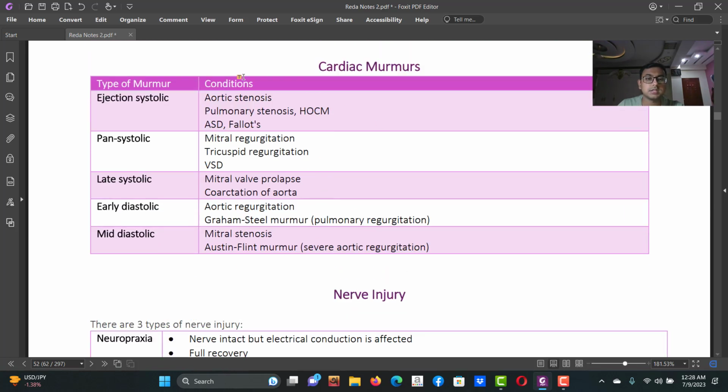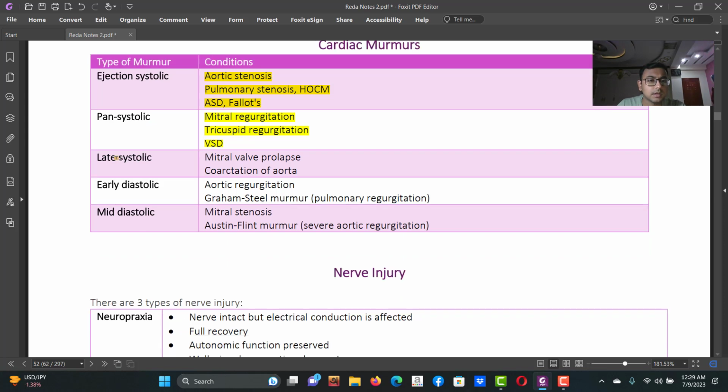Now cardiac murmurs. These are the causes you have already discussed in your third year, that is the causes of different abnormal heart sounds. Ejection systolic: aortic stenosis, pulmonary stenosis, ASD, and tetralogy of Fallot. In case of pansystolic, that is mitral regurgitation, tricuspid regurgitation, and VSD.